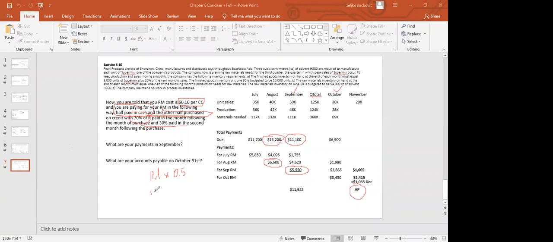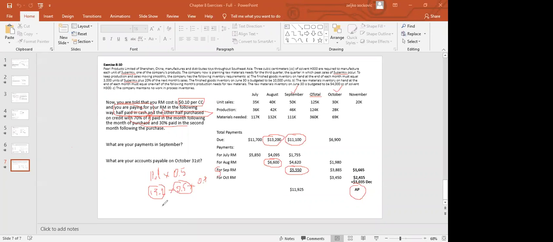13,200 times 0.5. That's the other half, that is on credit, and then times 0.7, 70%, right? So 70% of this half of the total will be paid when? In September.